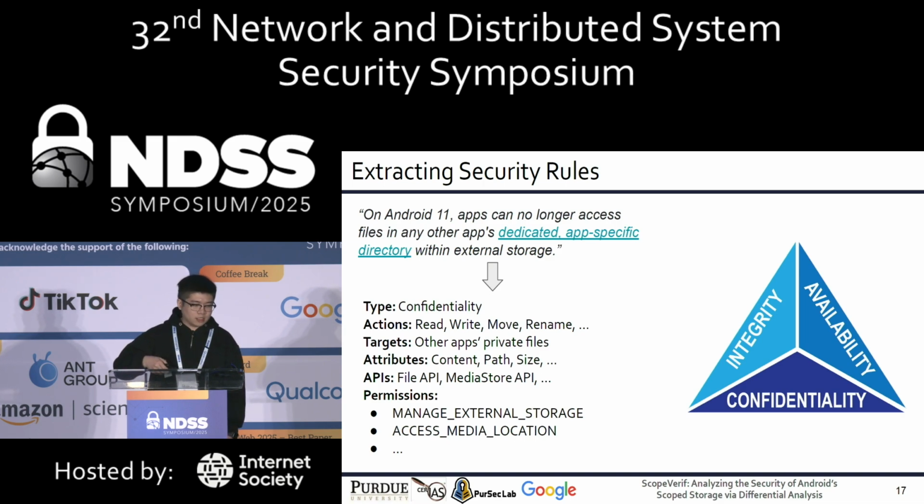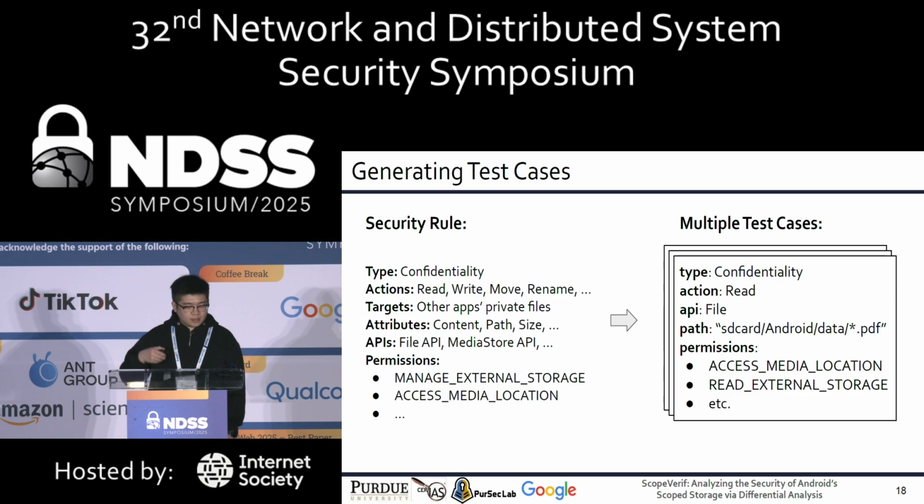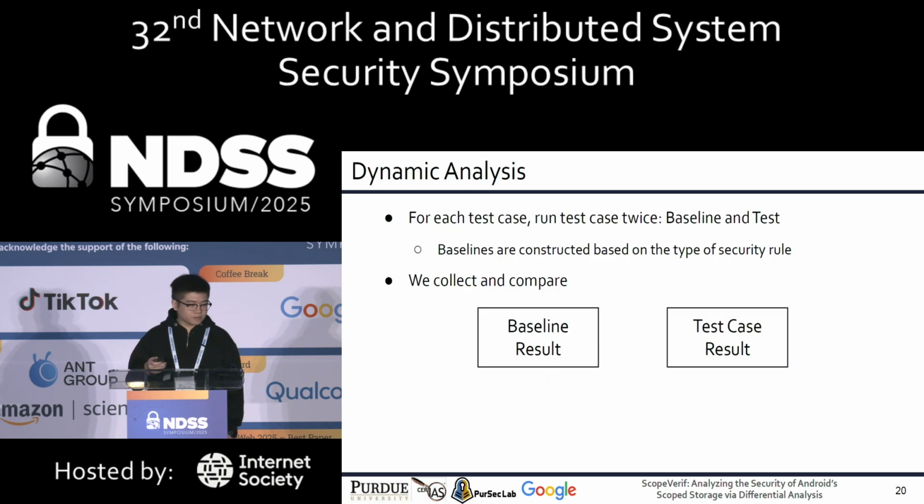Then for this security rule, we want to generate multiple test cases. The attribute actions here mean this security rule applies regardless of whether you're reading, writing, moving, or renaming a file. This confidentiality should always hold. In this case, the read action itself becomes one of the test cases.